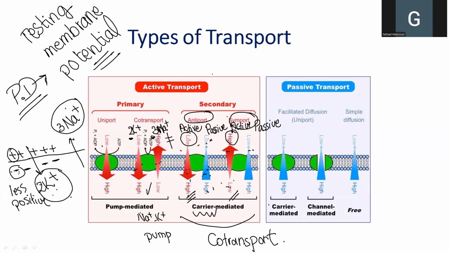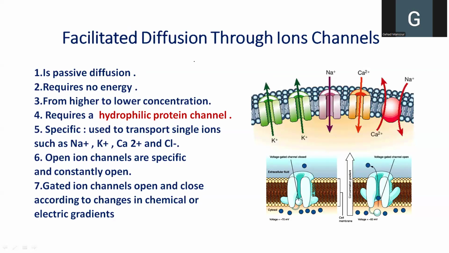Both the antiport and the symport are types of co-transport, meaning that the particles are transported at the same time. But in antiport, the two particles are transported in opposite directions, whereas in symport, the two particles are transported in the same direction.